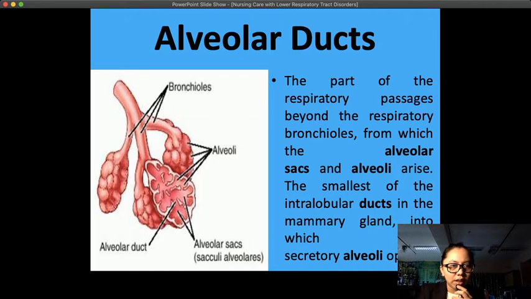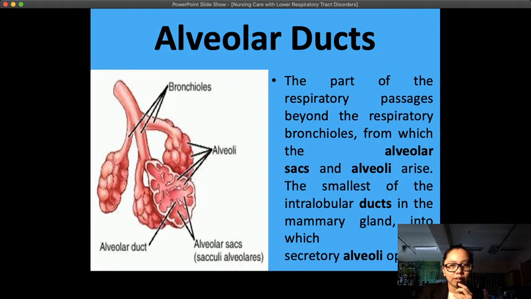Imagine this is your bronchioles, this is the alveoli, this is the alveolar duct, and this is the alveolar sac. The alveolar duct is the part of the respiratory passages beyond the respiratory bronchioles from which the alveolar sacs and the alveoli arise. It is the smallest of the intralobular ducts in the mammary gland into which the secretory alveoli open.